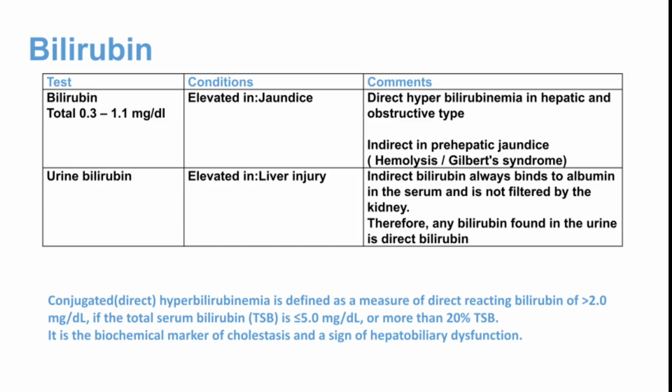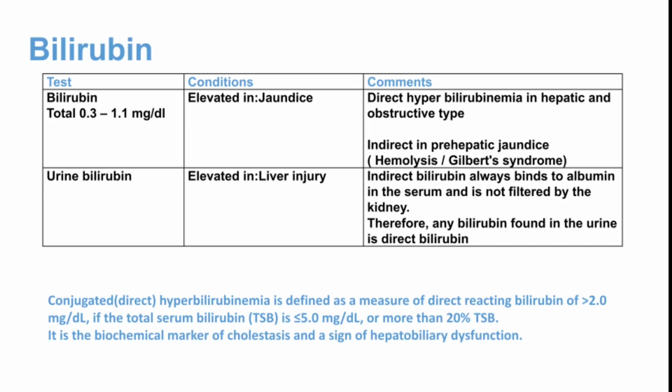Urine bilirubin is elevated in liver injury. Indirect bilirubin always binds to albumin in the serum and it is not filtered by the kidney. Therefore, any bilirubin found in the urine is direct bilirubin. Indirect bilirubin is not seen in the urine.